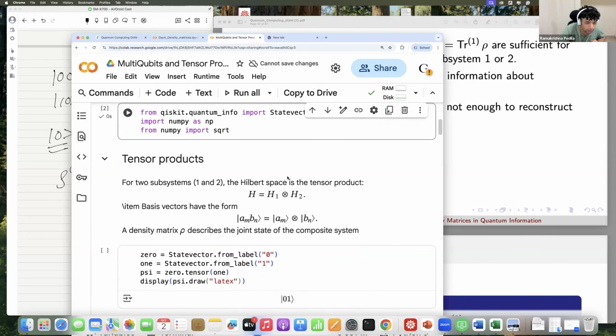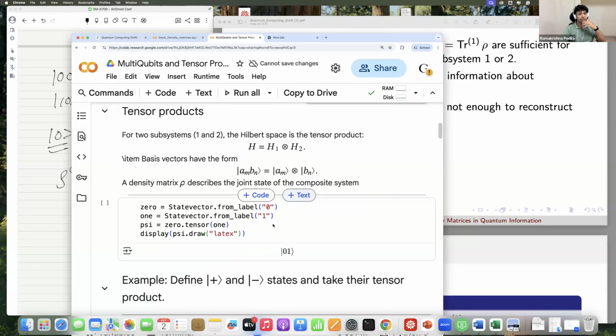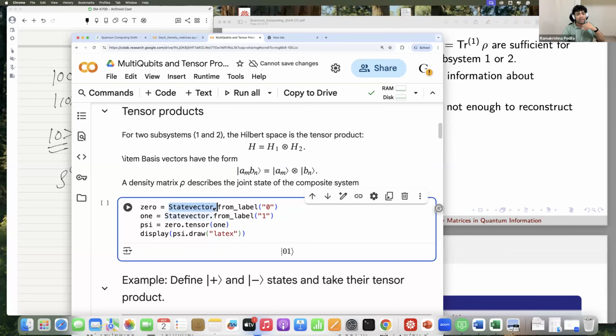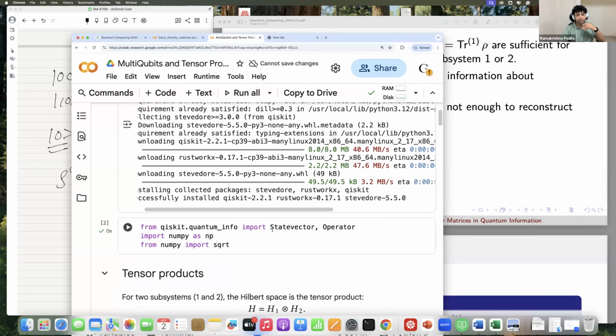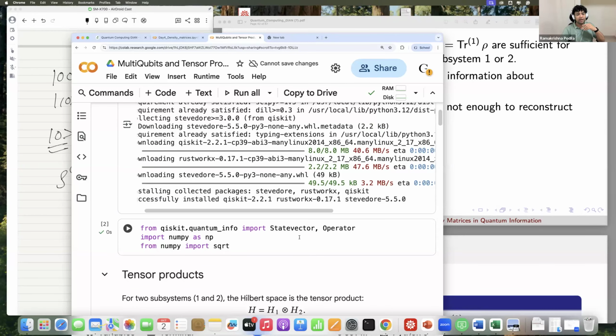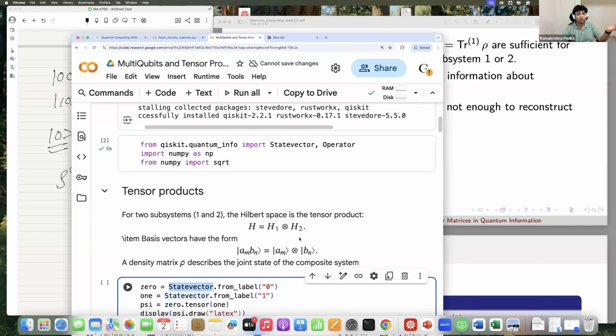Here I want to show you how these subsystems would look when we make these tensor products. We are going to pick 2 systems, so I'm going to create state vectors. State vector is a standard thing that you can import in Qiskit, and then all these states like 0, plus, minus, 1 are standard.